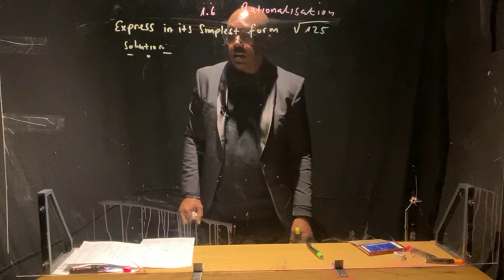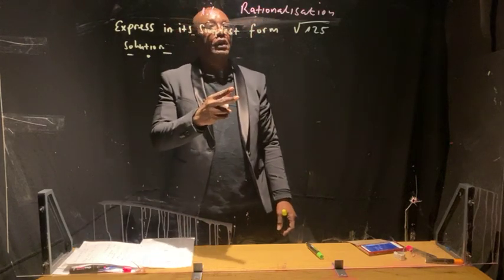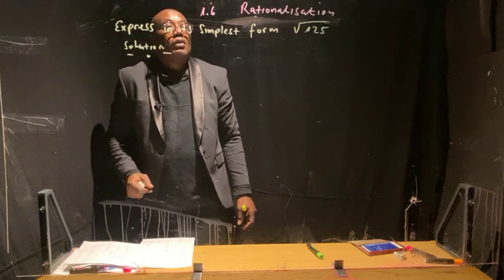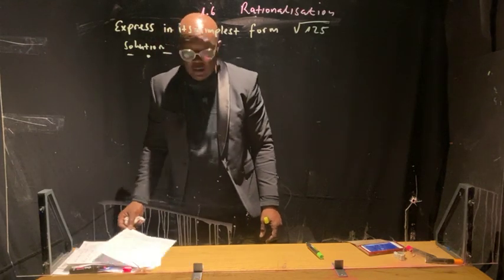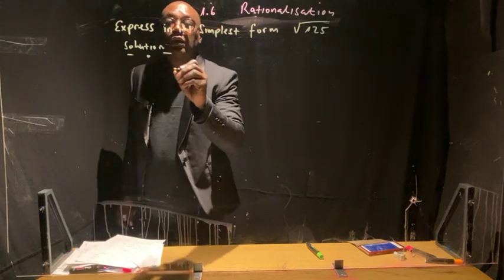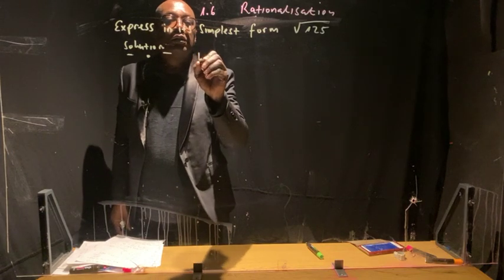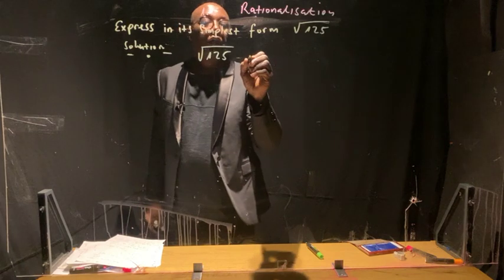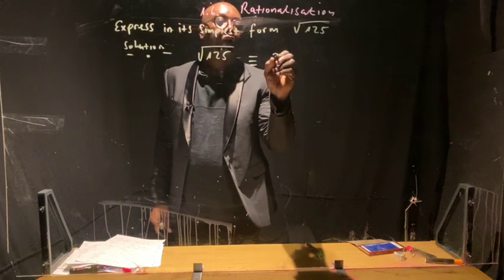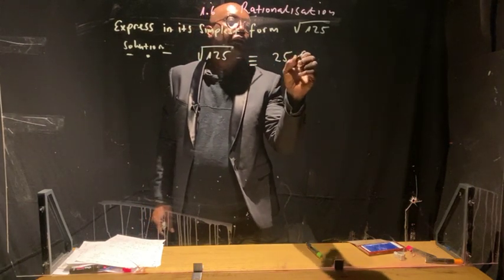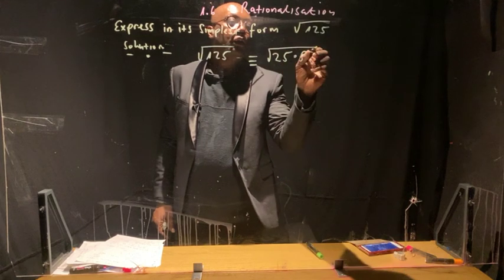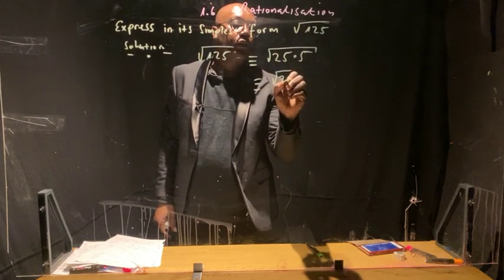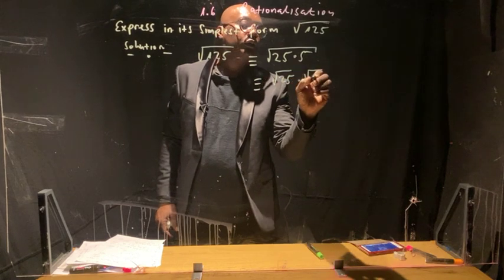The next question is similar to the previous one that we considered. This one, at this time, is root 125. Solution. Root 125 is no different from root of 25 multiplied by 5. And then you have root of 25 being multiplied by root 5.